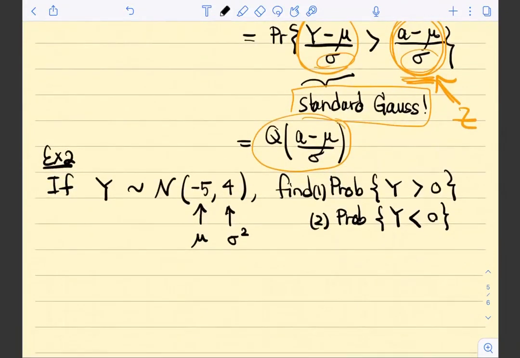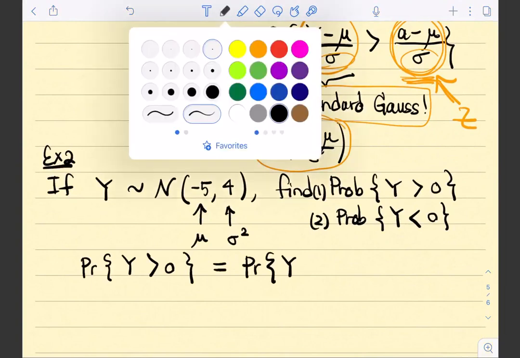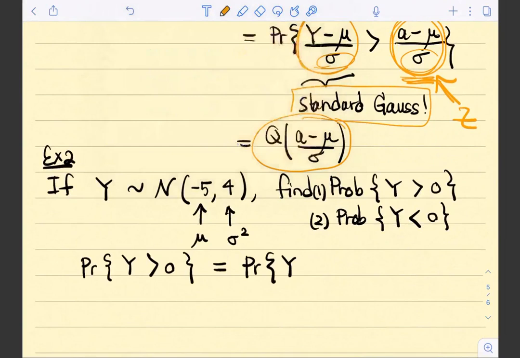Okay, so let's say we want to find the probability of Y bigger than 0. Now, Y is not a standard Gaussian. So we want to make it into a standard Gaussian first, and then we can use Q functions. How do we do that? We're going to subtract the mean from both sides. So what is the mean of Y? The problem tells us that the mean is equal to -5. The variance is equal to 4.